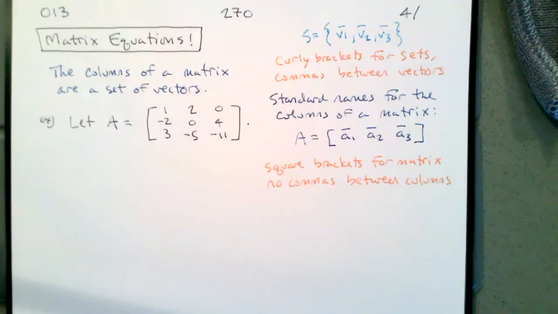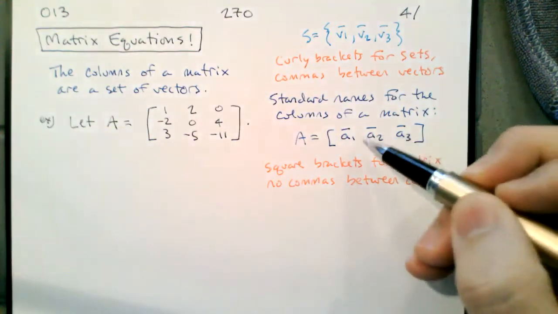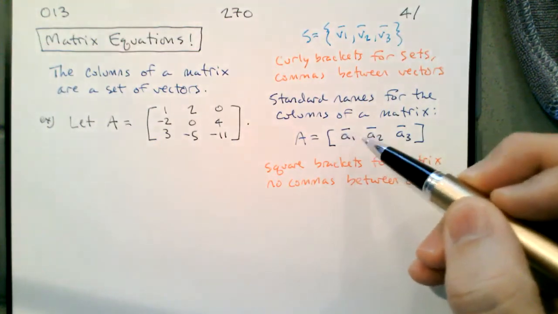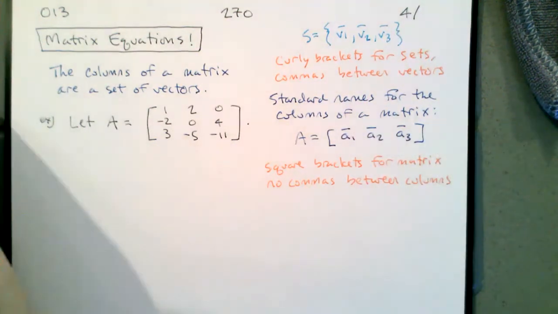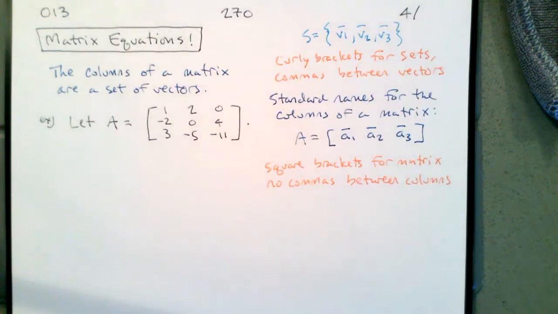People say, oh, clearly this person is new. And that's totally okay. I'll just remind you. It's not like I'm going to take off points for that yet. But it would be like if you put commas in between the columns of your matrix, say matrix is A1, comma A2, comma A3. That would be like saying, oh, I need to pilot my car to the store. It's like, oh, no, that's not the words that go together. You get the idea across.